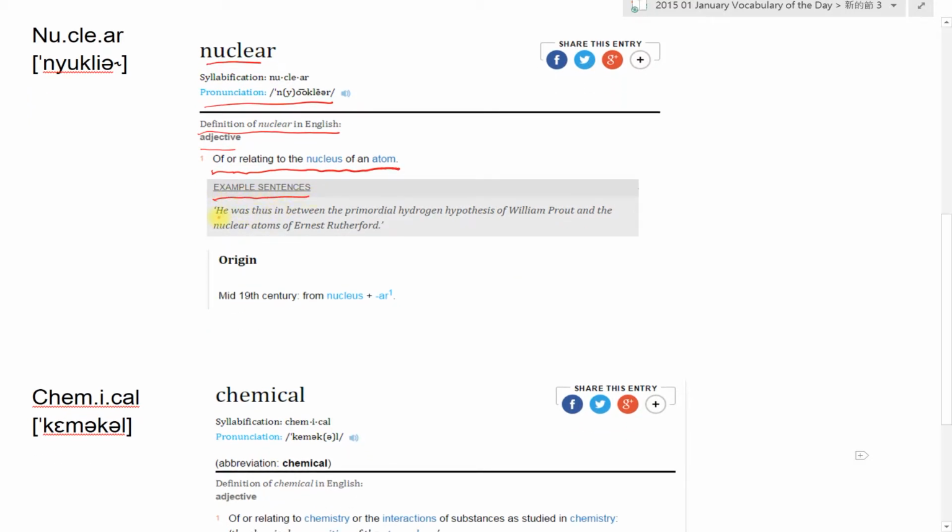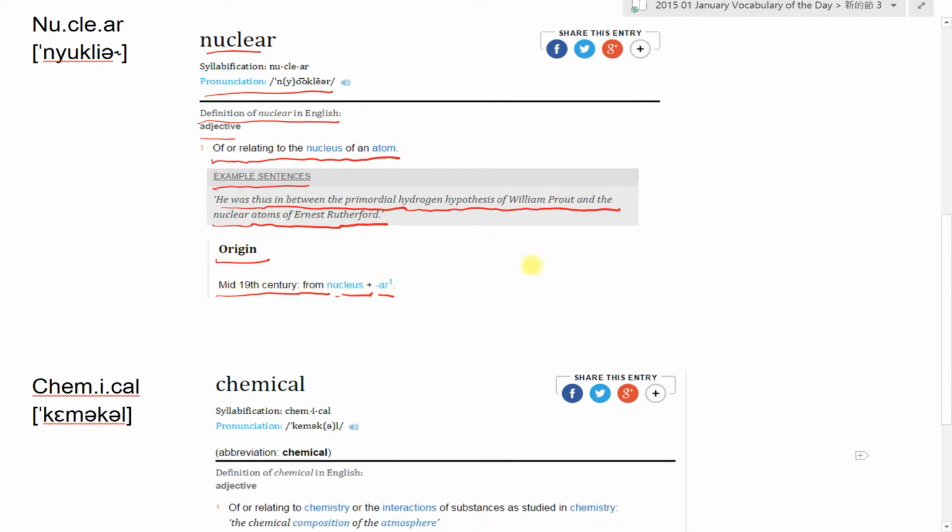Example sentences: He was thus in between the primordial hydrogen hypothesis of William Prout and the nuclear atoms of Ernest Rutherford. Origins: mid-19th century from nucleus and -ar.